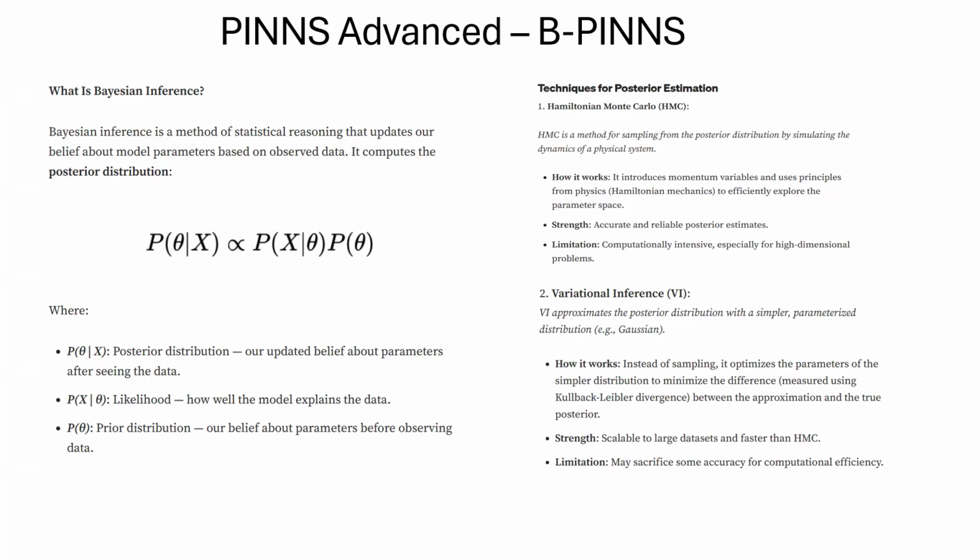And using that, we can get a probability, a system just saying that okay, this is accurate up to these bounds. Can you give an example of using B-PINNs for some problem?